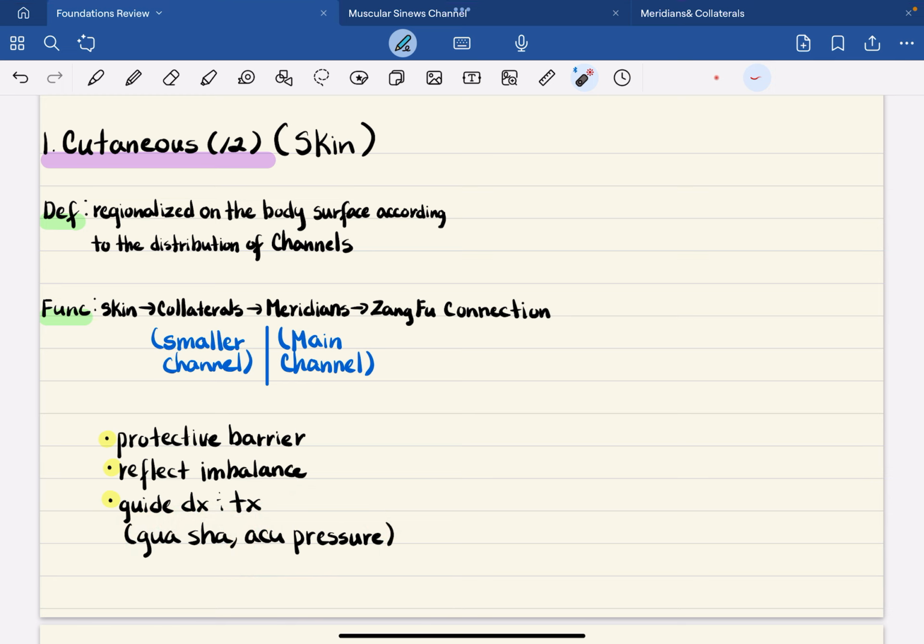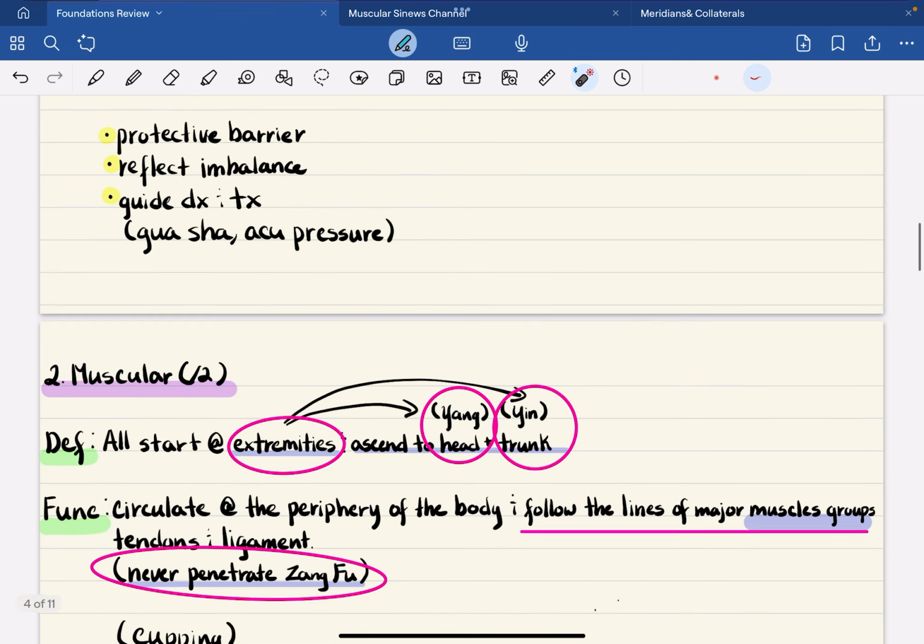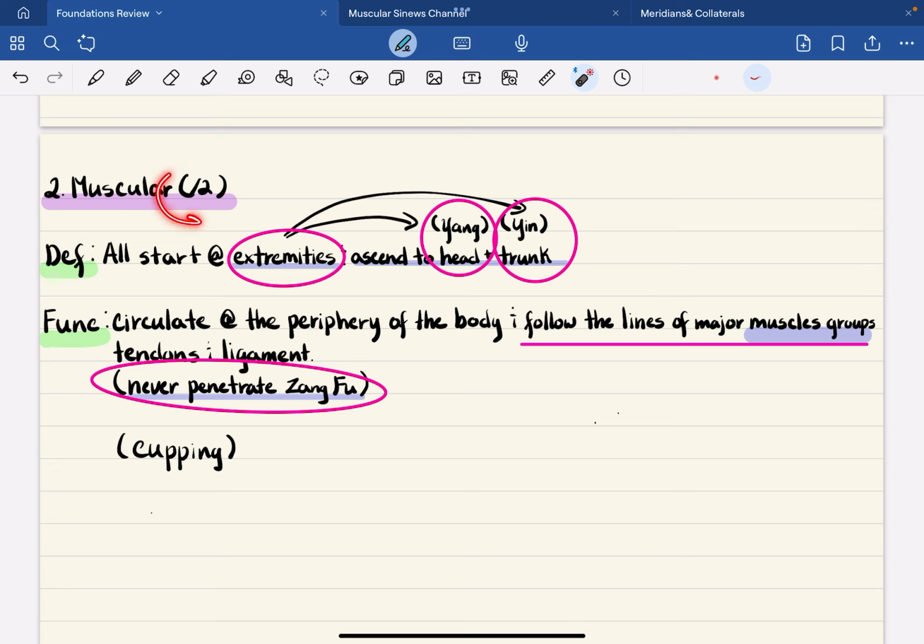Some people may say cupping, yes, to a certain degree, but I'm going to put cupping in the muscular, which is the next one. So muscular is 12, right? Because there's 12 channels. So this is something we have to remember. It all starts from the extremities, meaning wherever the primary channels are, the point that is at the fingertips or the toes, that's their starting point for that particular channel, for the muscular channel.